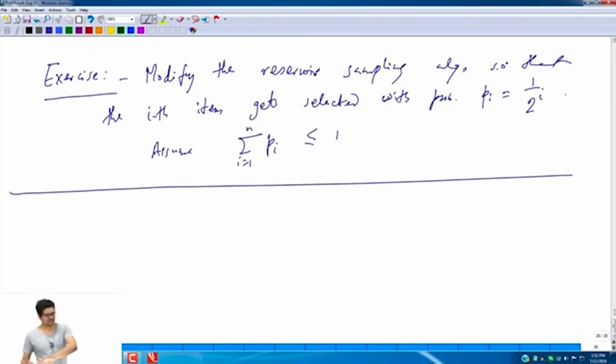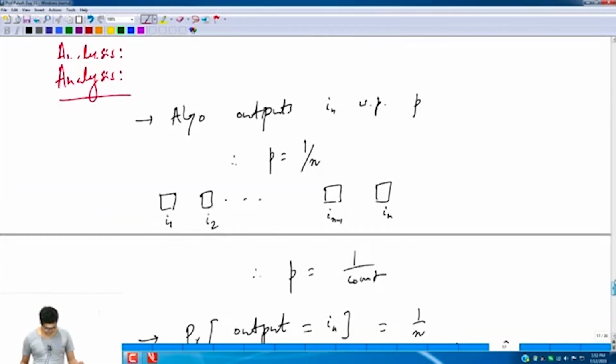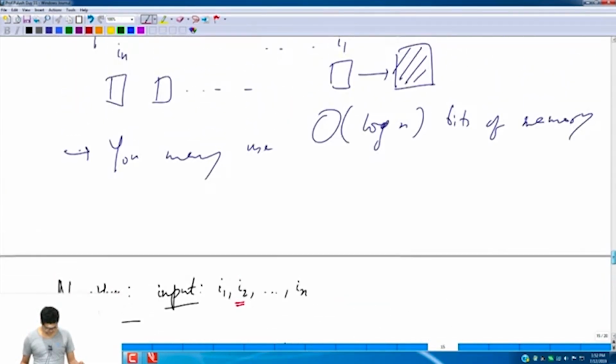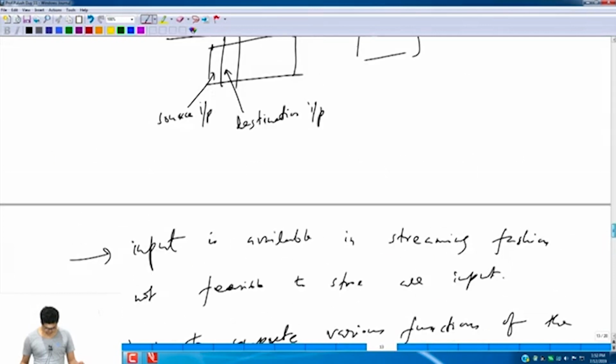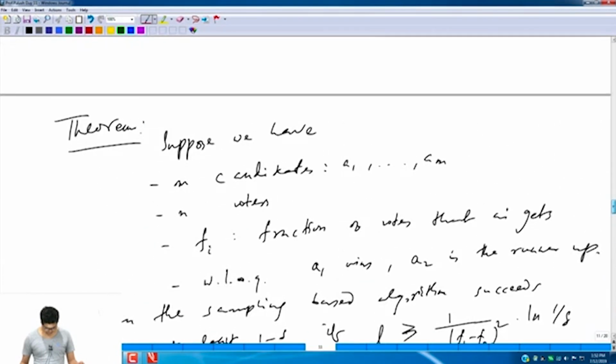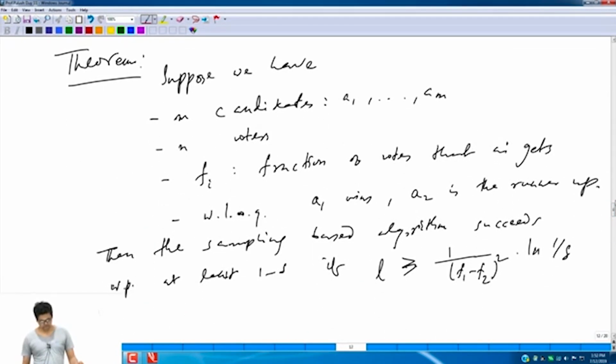So now with this reservoir sampling, you can implement the same sampling based prediction algorithm in a streaming fashion also, right? Look at this theorem.